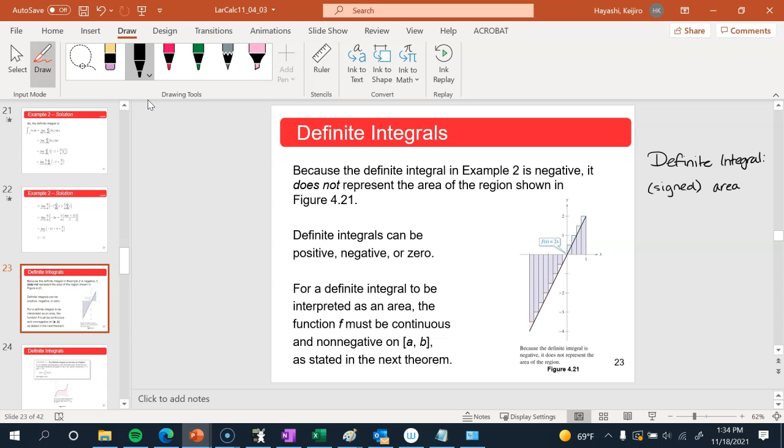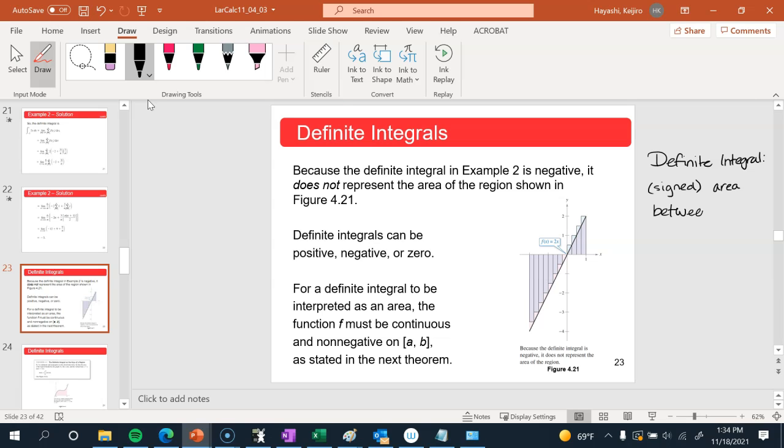Just meaning that it can be negative or positive depending. In fact, when you're finding the definite integral, the places where it's below the x-axis are actually going to be equivalent to a negative area.